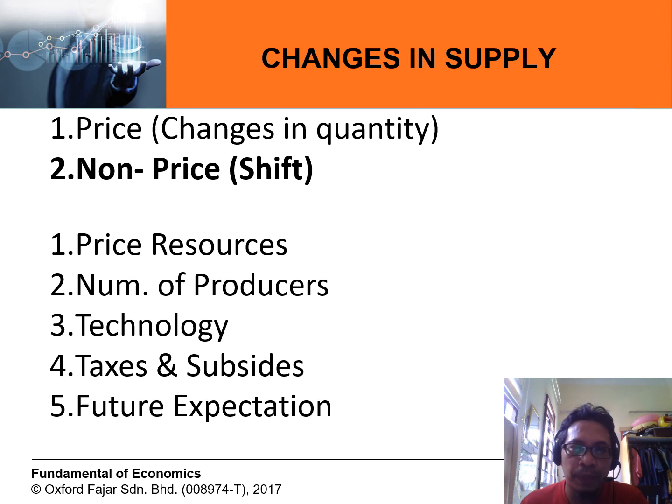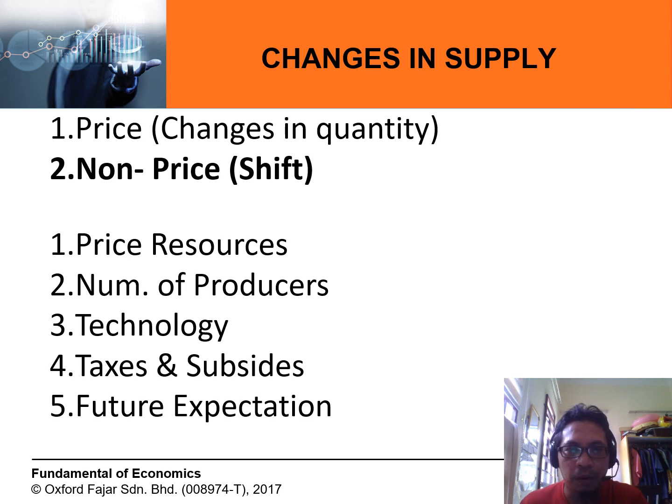Thus, this will make the supply shift to the left. While if the price of resources reduces, the cost of producing the goods will be low and the producer will increase their production, since the cost is low and they manage to gain a higher profit.